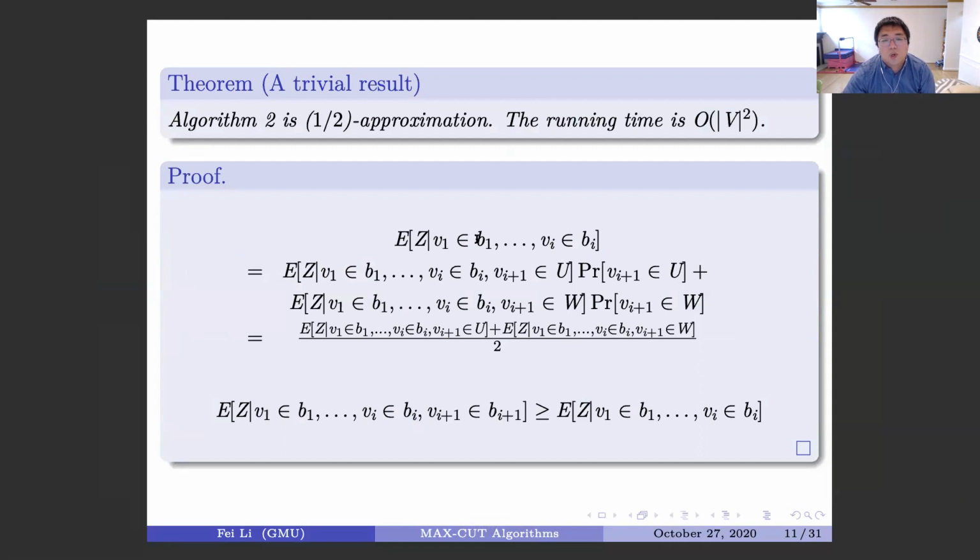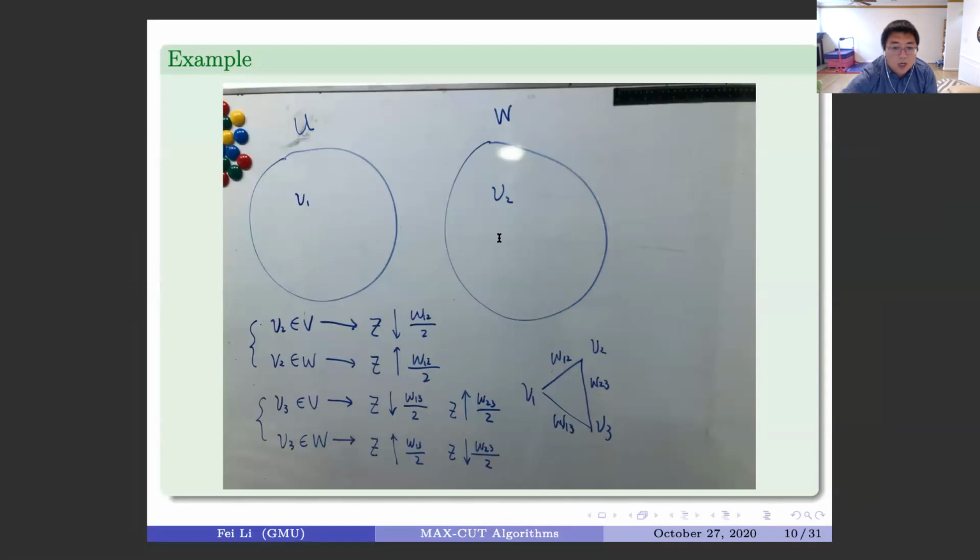Initially, we put V1 into U, and then based on the algorithm we have shown here, we put V2 into W. And V3 depends on the condition of whether V1 and V2 were put into U and W. So whether we put V3 into U or W is the conditional situation that we need to calculate: the conditional probability of putting V3 into U and putting V3 into W.